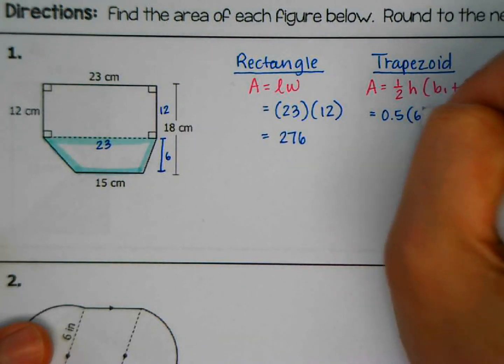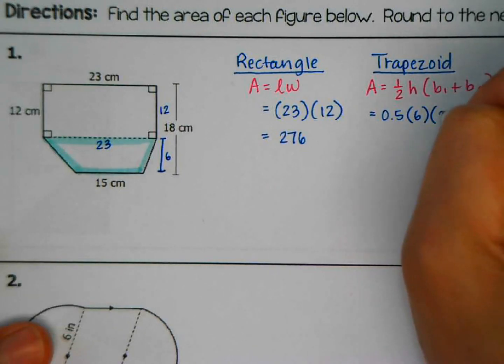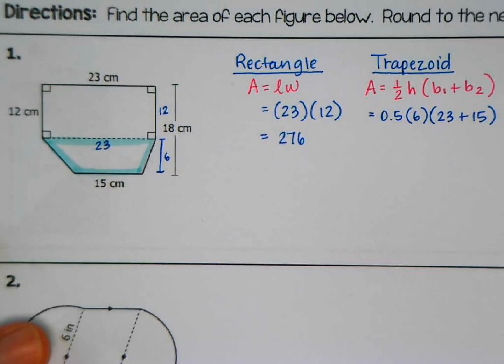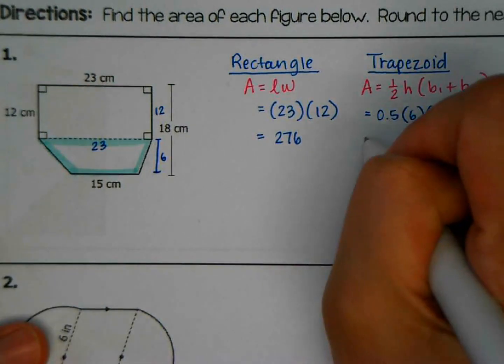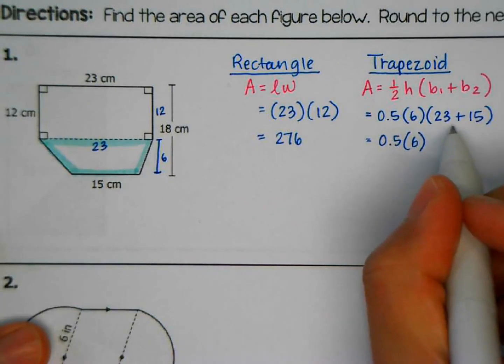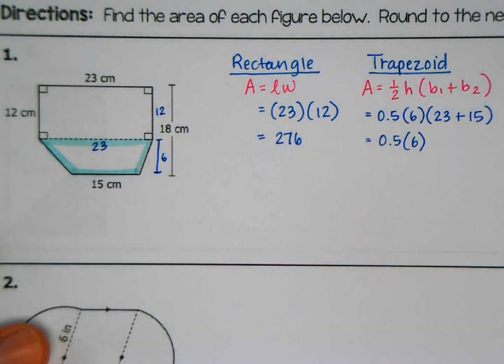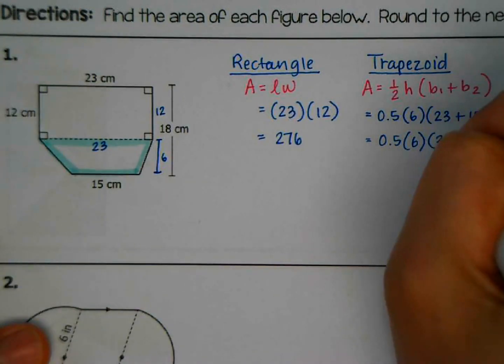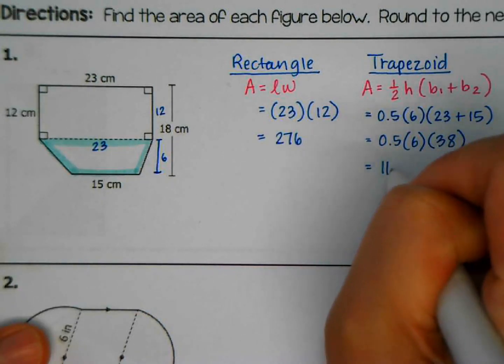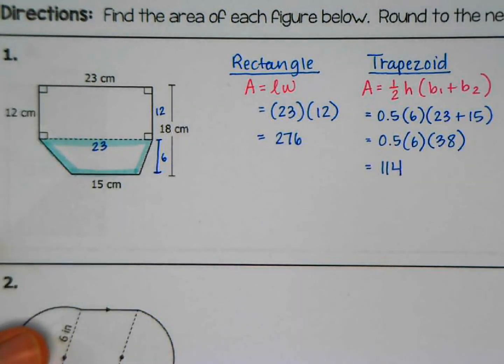The height is 6, and the two bases are 23 and 15. So that's 0.5 times 6, and I'm going to add these two up. That is 38, which is going to be 114.